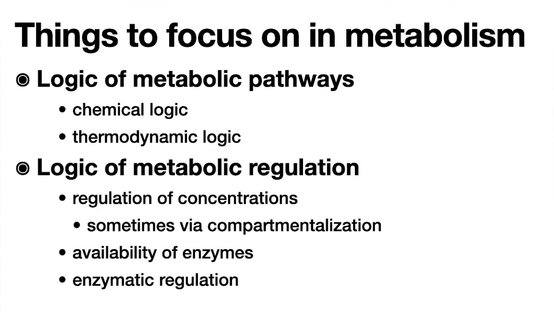So, the logic of metabolism. We talked a bit about the chemical logic, and I'm not going to ask you to draw out any chemical reactions. First of all, it'd be stupid because it's open book and open note. But second, this isn't a chemistry class, so I'll save that stuff for next semester's class. But we did think about some of the chemical logic and the thermodynamic logic, the ways that we can regulate metabolism.